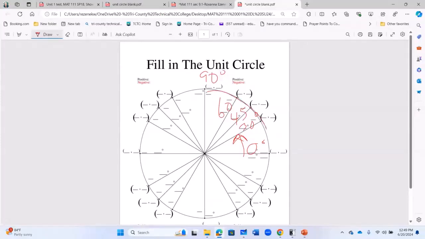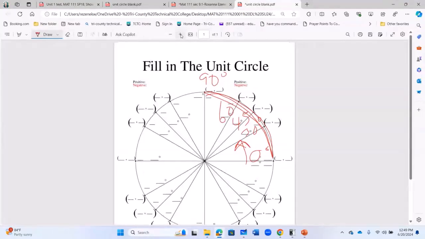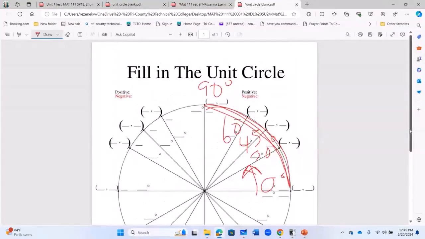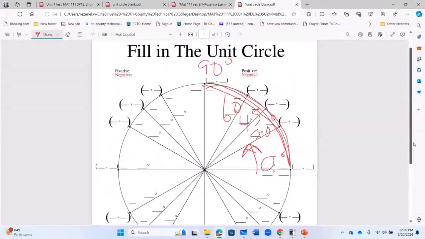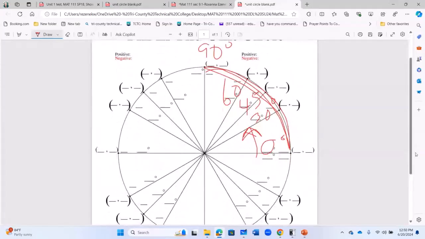You actually need to know all these angles. If you know all these angles, you have a lot. Let's write the angles in terms of radian. So I can just put the radian somewhere and then write them in radian form.